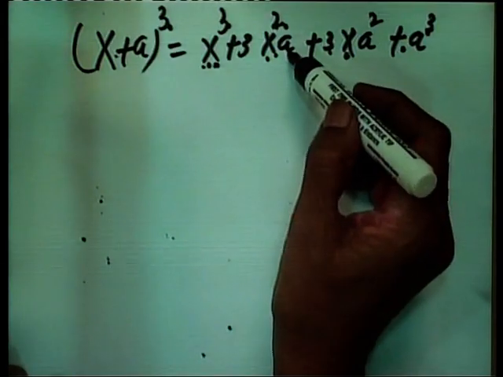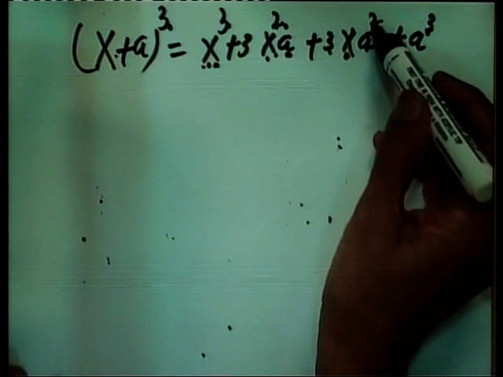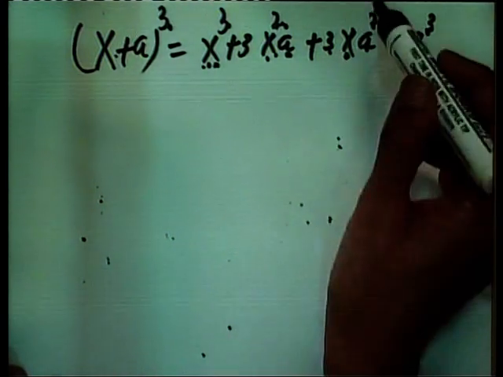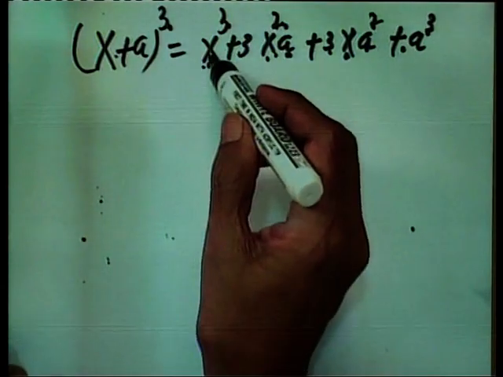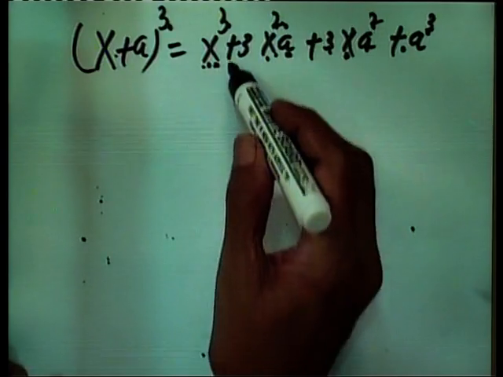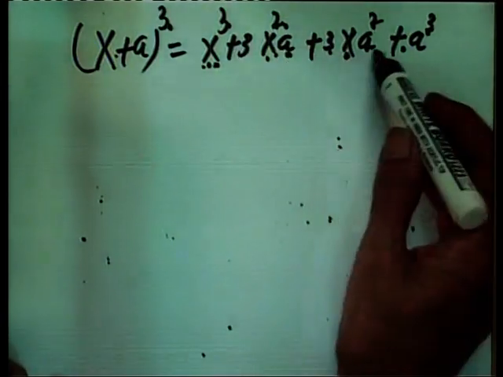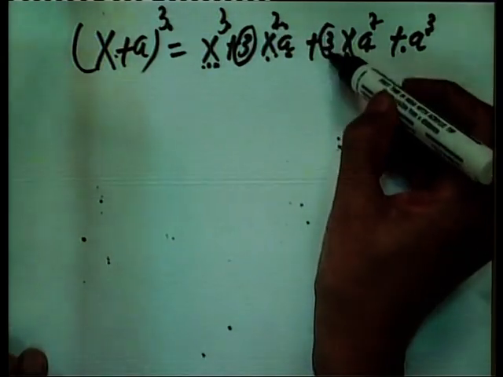On the other hand, the power of a here is 1, here is a square, that is 2, here is power 3. So, the powers of x are being decreased while the powers of a are being increased. Now, the question is how they are coming.